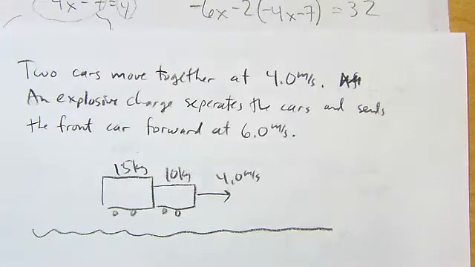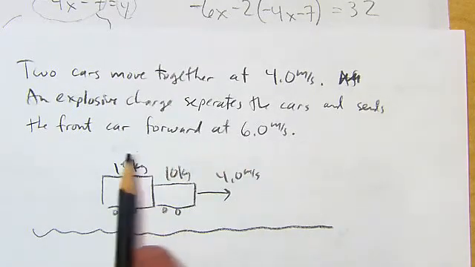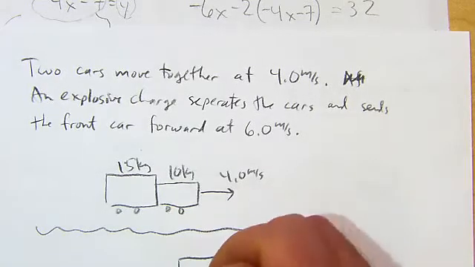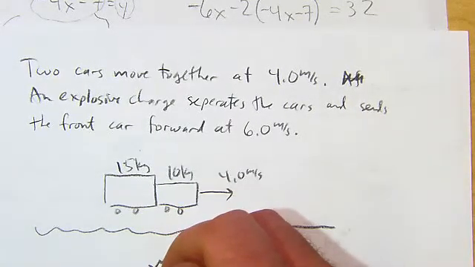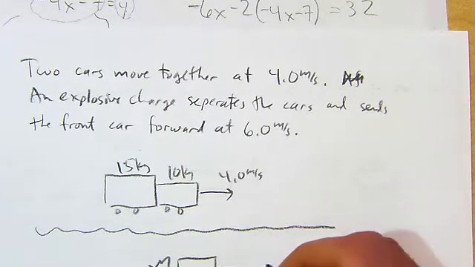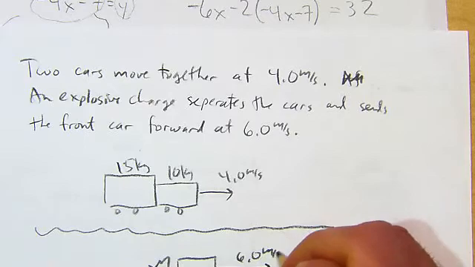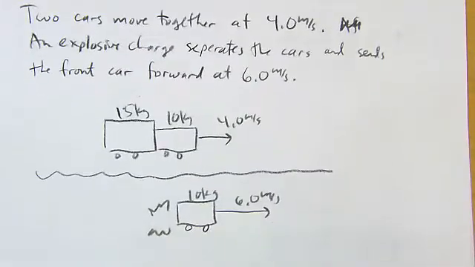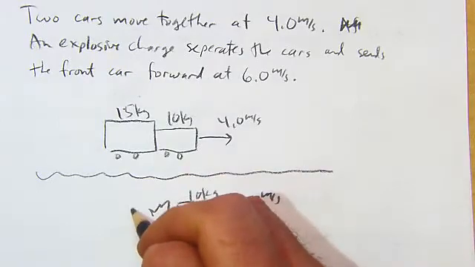After, there's an explosion that separates the cars, sends the front car forward at 6. So there's this explosion, this impulse that happens. This one goes forward at 6 now, still the same mass. And then the question is, what's going to happen to this car?